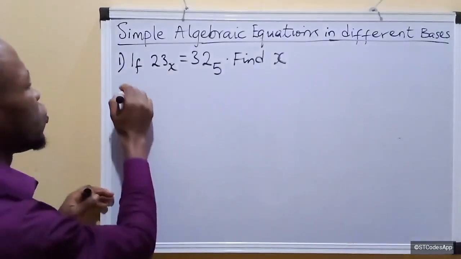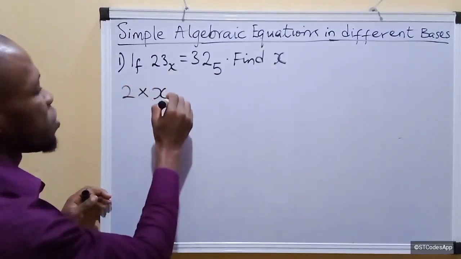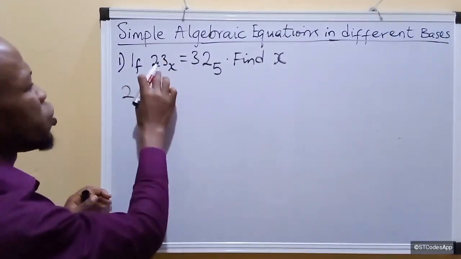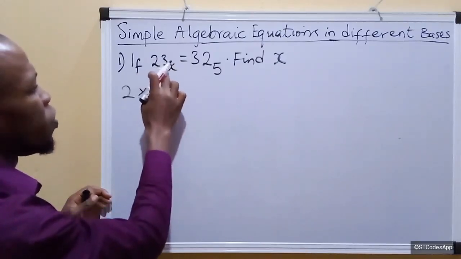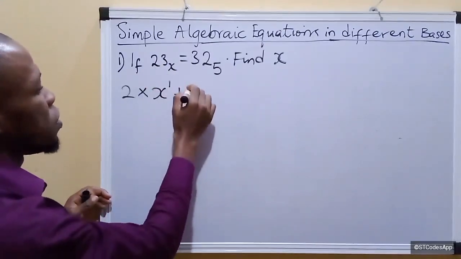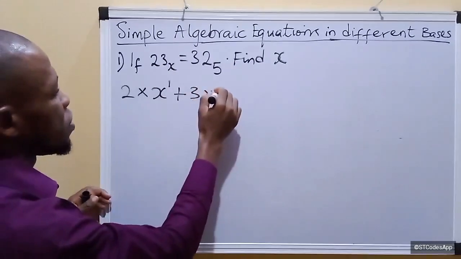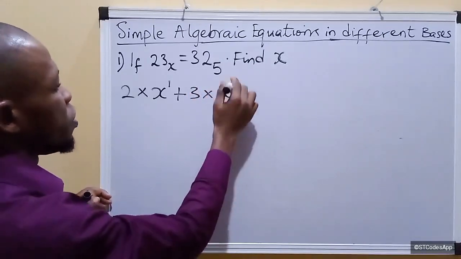Okay, we do 2 times the base x raised to the power of the position of the digit minus 1. Since we have 2 digits here, 1 and 2, we're going to have 1 as the power here, plus 3 times x, the base, raised to power 0.